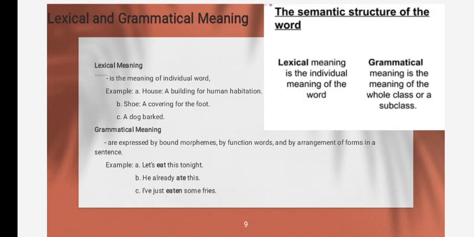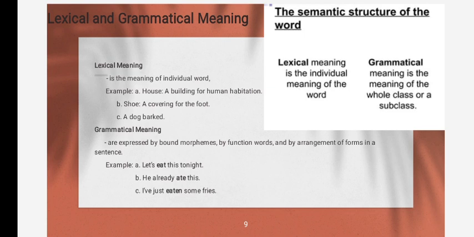Lexical and grammatical meaning. Lexical meaning is the meaning of an individual word. For example, A. house, a building for human habitation. B. Shoes, a covering for the foot. C. Dog, barker. Grammatical meaning is expressed by bound morphemes, by function words, and by arrangement of the forms in a sentence.